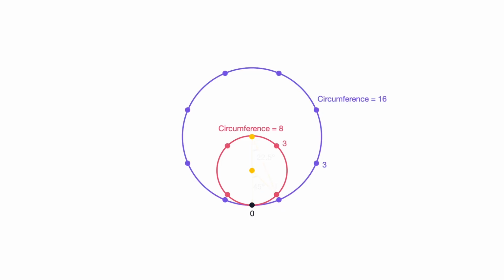And the same reasoning works for every integer. For example, the central angle from 0 to 3 on circle 8 is 135 degrees. The corresponding inscribed angle is half that, which is precisely the direction of +3 on circle 16. So the integers do not line up because we carefully placed them there. Their alignment is forced by the inscribed angle theorem.